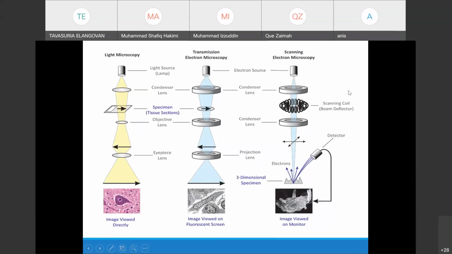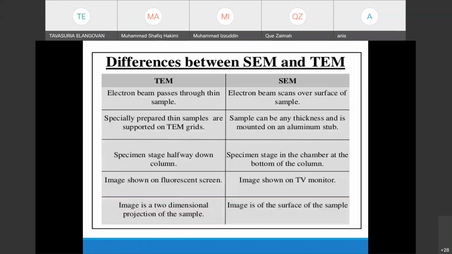The scanning electron microscope is used to project the image on the TV monitor. Generally, you can observe the 3D structure of the image. With the light microscope you can observe directly. Okay, these are the basic differences between the transmission and scanning electron microscopes.